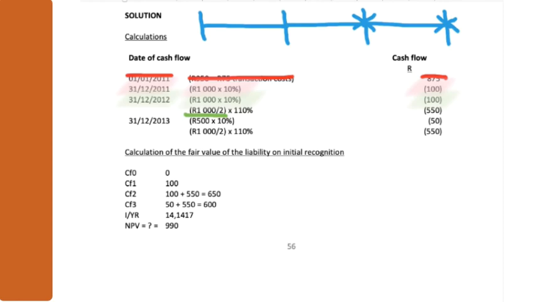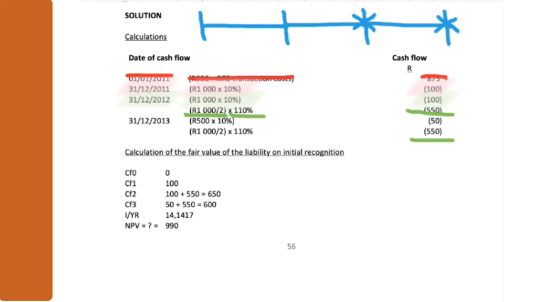No, it is repaid at a premium of 10%, or another way of saying it, it matures at 110%, which means our maturity payment will be 550 Rand. That will be the same at the end of 2013 because it matures in 2 equal annual installments. So the second maturity payment and the first maturity payment is exactly the same.